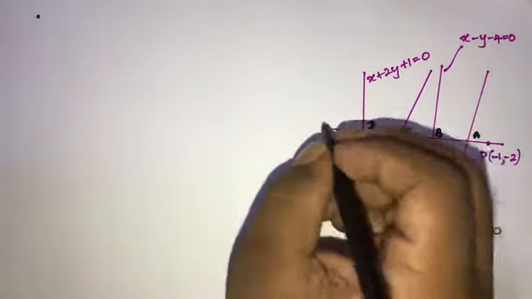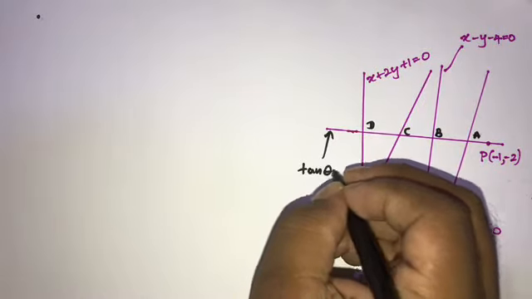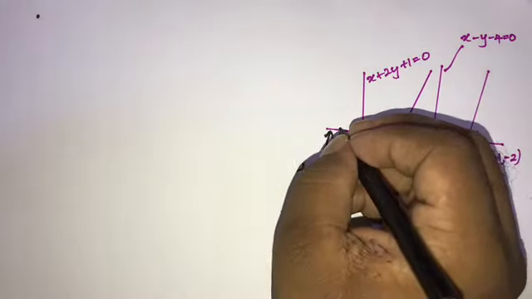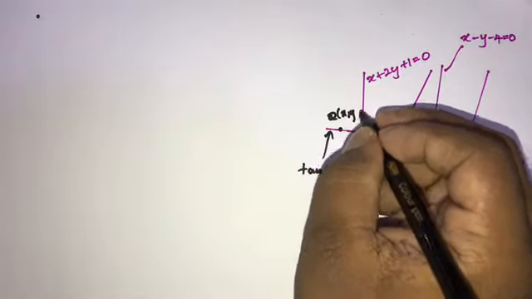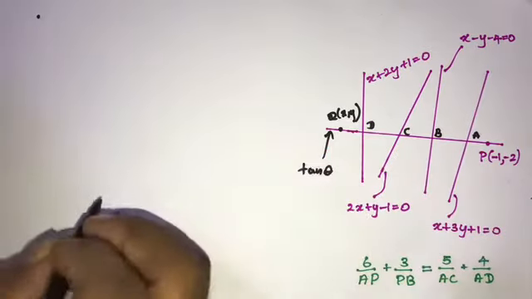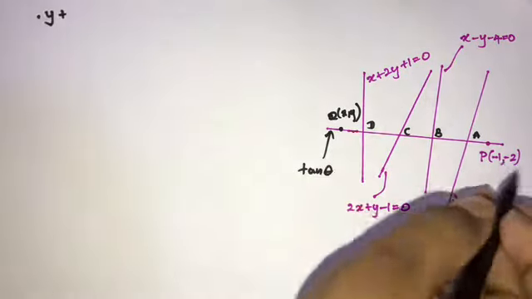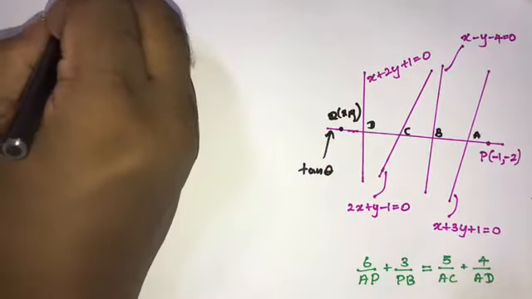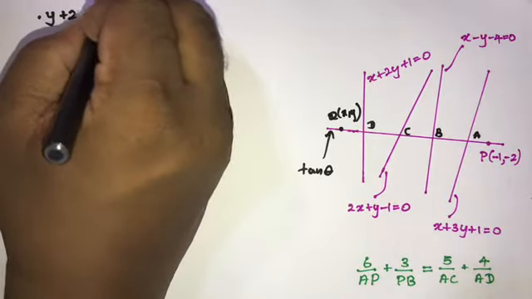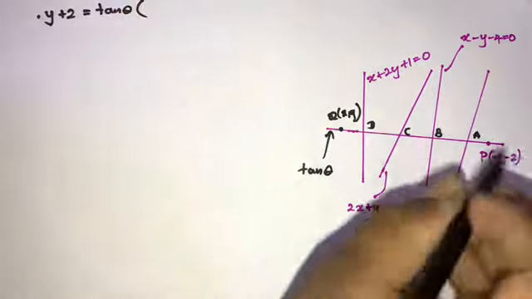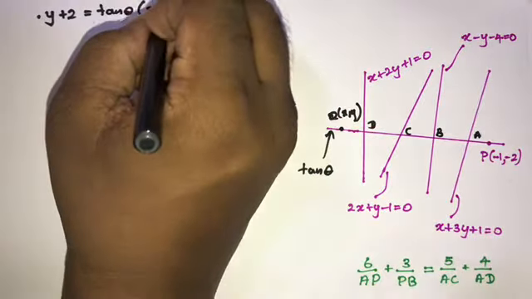Okay, first we take the gradient of this line as tan of theta, and the variable point on the line as Q(x, y). So we can write the equation y minus minus 2, so y plus 2, is equal to the gradient, tan of theta, times x minus minus 1, so x plus 1.